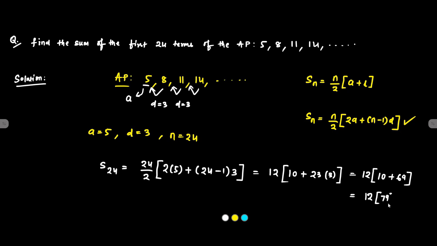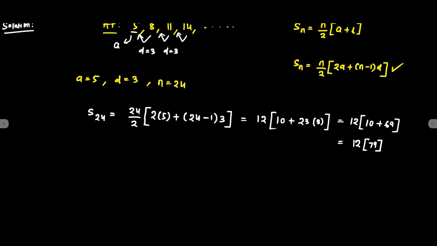So this is 12 into 70 is 840, 12 into 9 is 108, 840 plus 108 is 948.